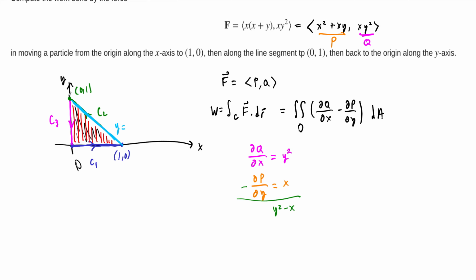We see that this is a line segment that has slope -1, and its y-intercept is positive 1. So this can be thought of as either 1 minus x or negative x plus 1. And we're going to integrate y from 0 to this function, 1 minus x. Once that's been done, x gets integrated from 0 to 1. Okay? And this is how we're going to compute the work.